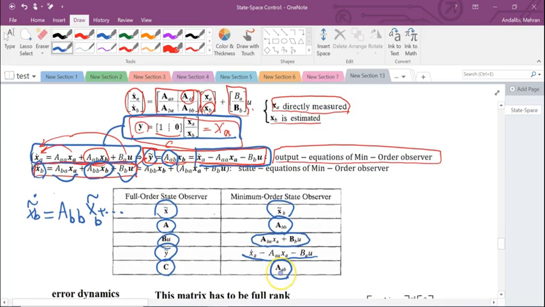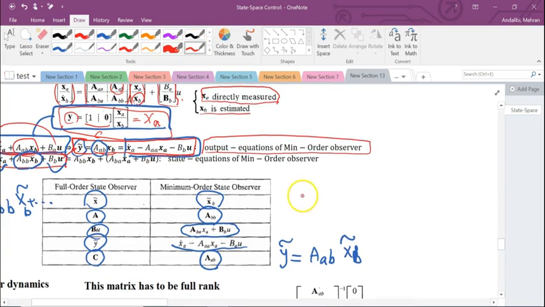AAB. Because in this case, Y tilde is AAB times XB tilde. So if instead of those, you use these guys, you can still go ahead and design your observer.